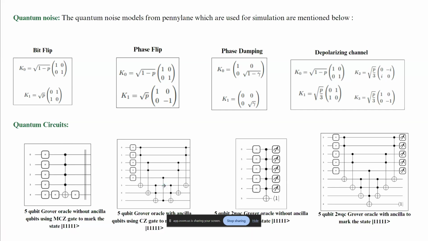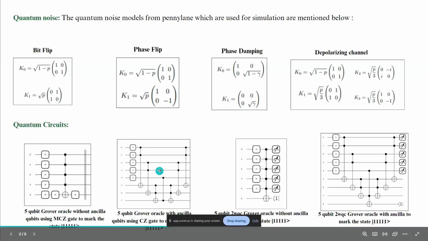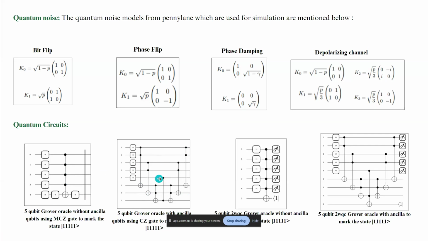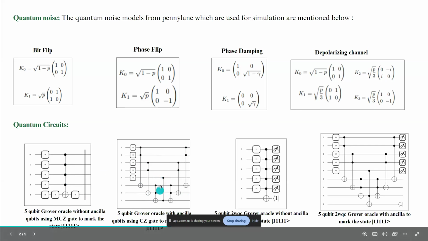Whereas the circuit here gives the solution to a 5-qubit Grover, but more than 5 qubits are used to construct the oracle. And the thing to note here is that there is a CZ operation that is used on the qubits in 1WQC Grover.